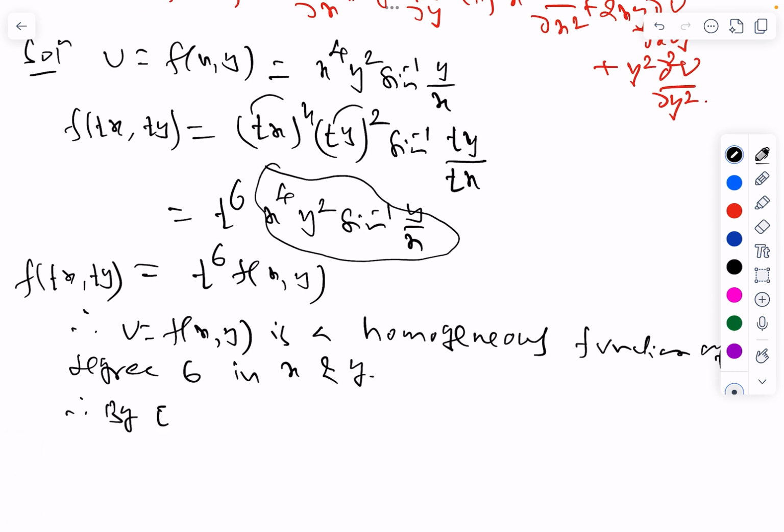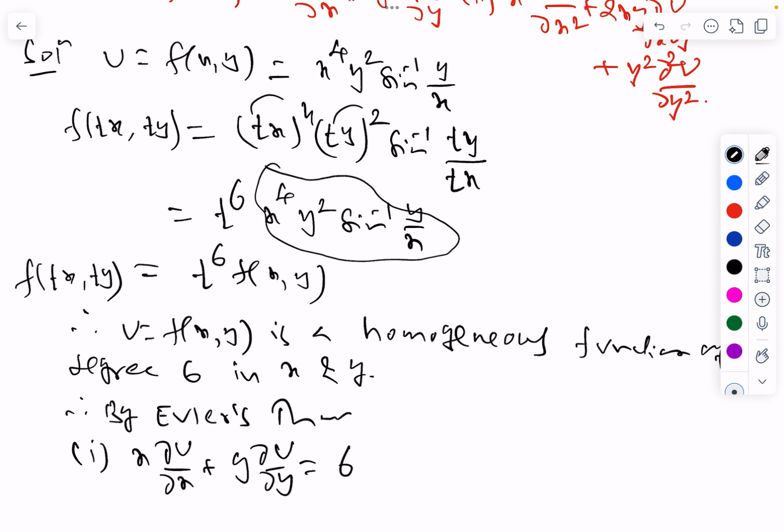And therefore, by Euler's theorem, x ∂u/∂x plus y ∂u/∂y equal to n times u, n is 6 here, so that is 6 times u.